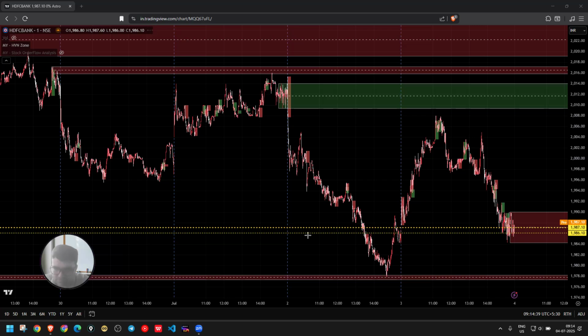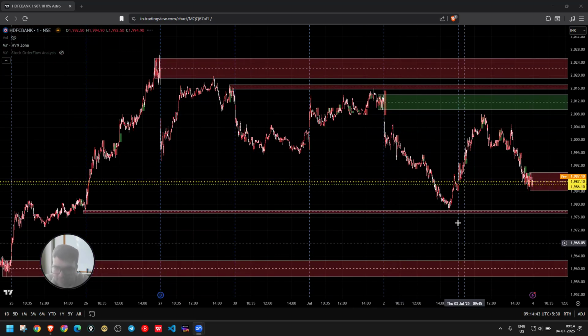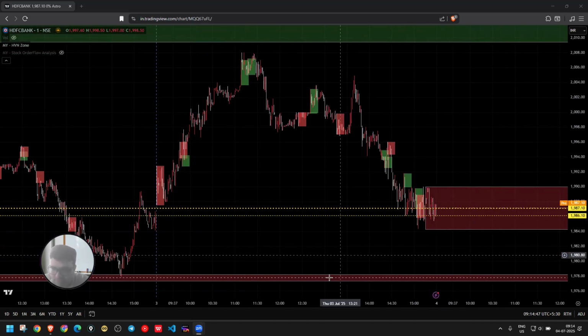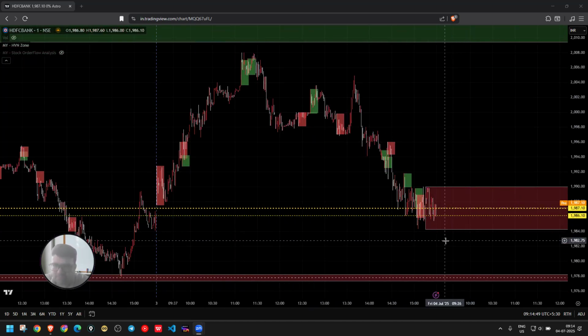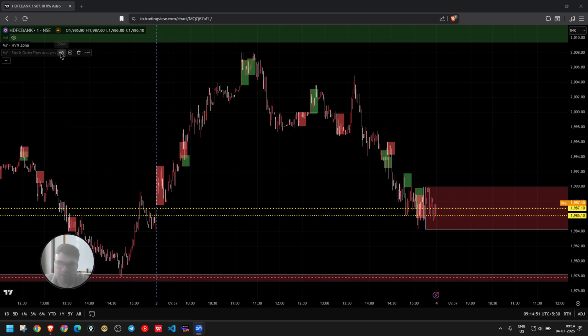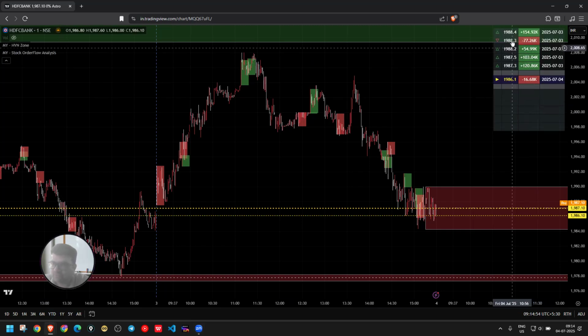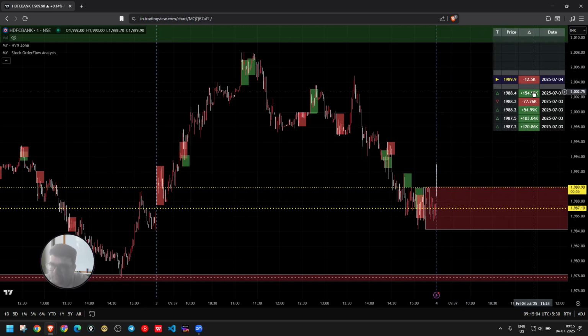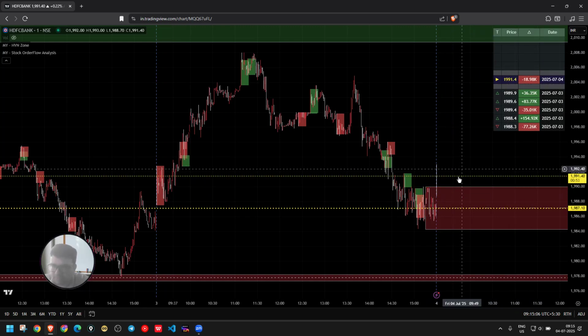If I zoom out, I'm not seeing any more on the lower edge. In the next 10 seconds the price is going to open. There are trap buyers at 1987, 88, and 88. So 1992, the sell order has been cleared.